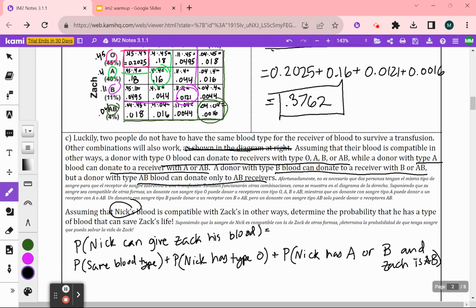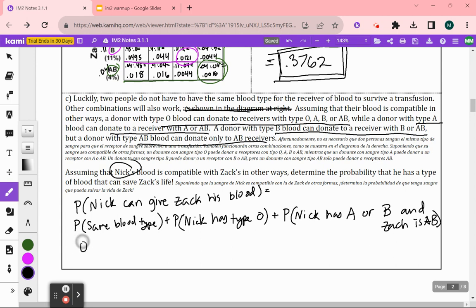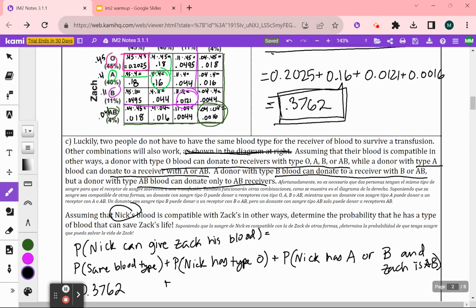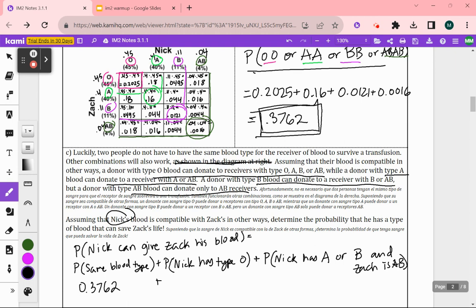So let's look. The probability that they have the same blood type, we already did that. That is 0.3762. Plus the probability that Nick has type O. Let's see, that's 0.45.